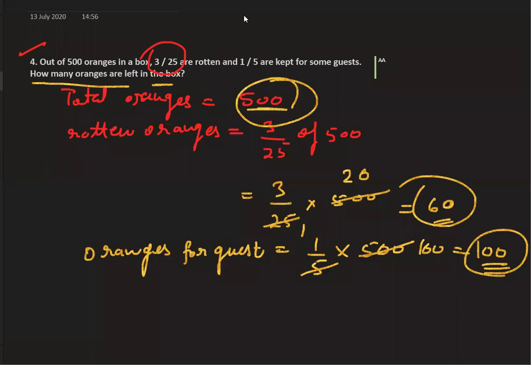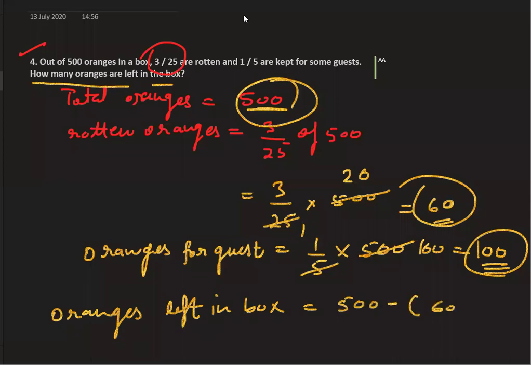Now how many oranges Ferris has now to eat? So oranges left in box is equal to, आप क्या करोगे भाई जल्दी बोलो, 500 में से माइनस करोगे 60 प्लस 100 करके, यानी 160. 500 minus 160 is 340 oranges are left in the box.